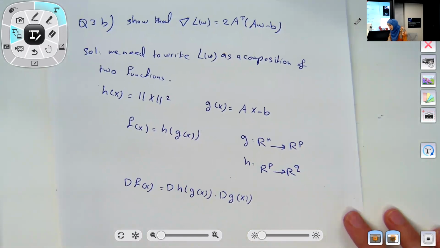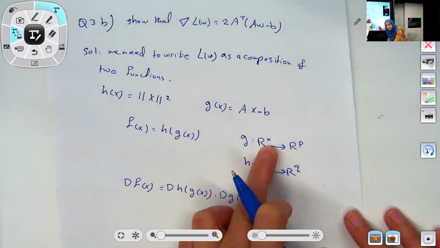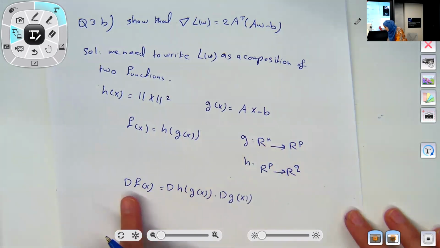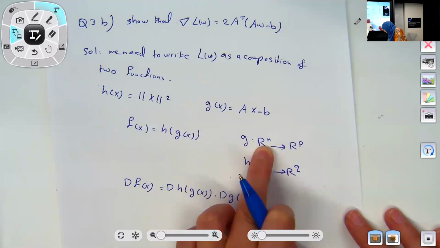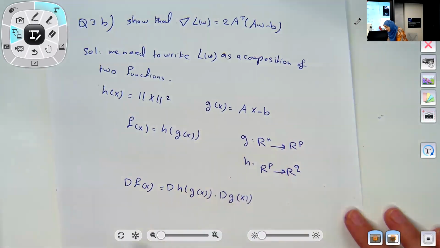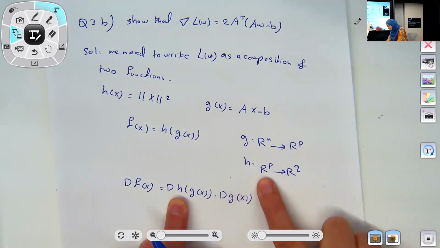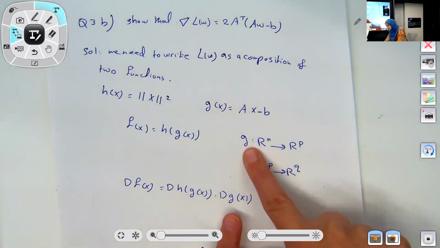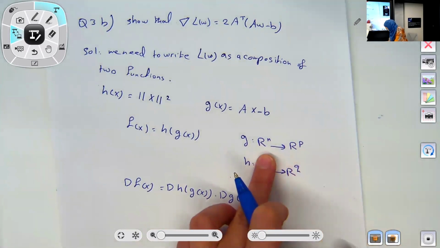This matrix, d of f of x, is q times n. The Jacobian for h is q times p, and the Jacobian for g is p times n.